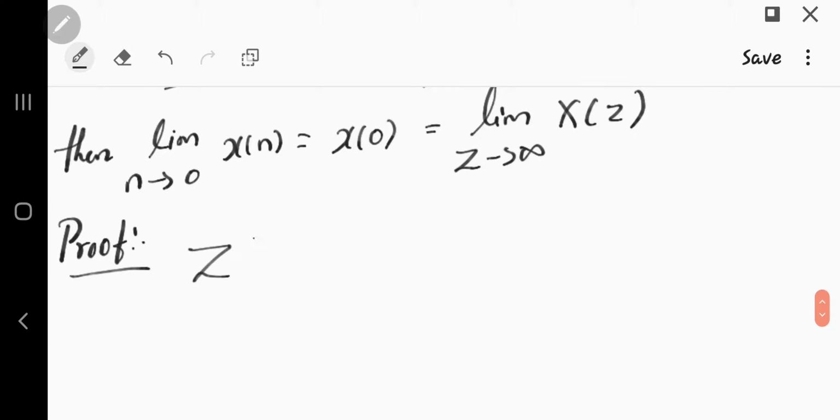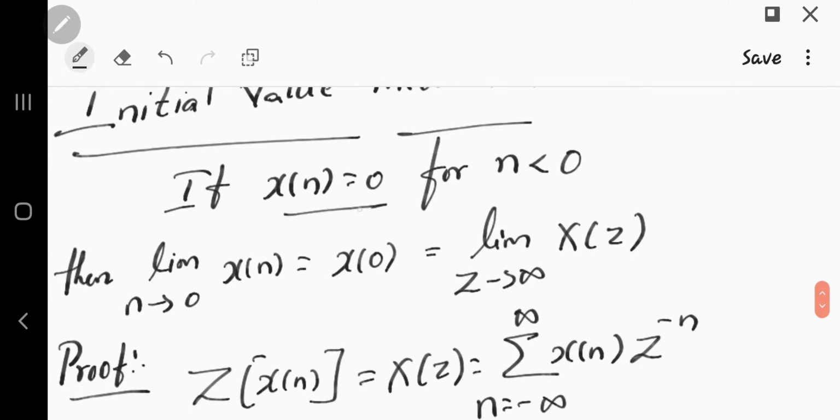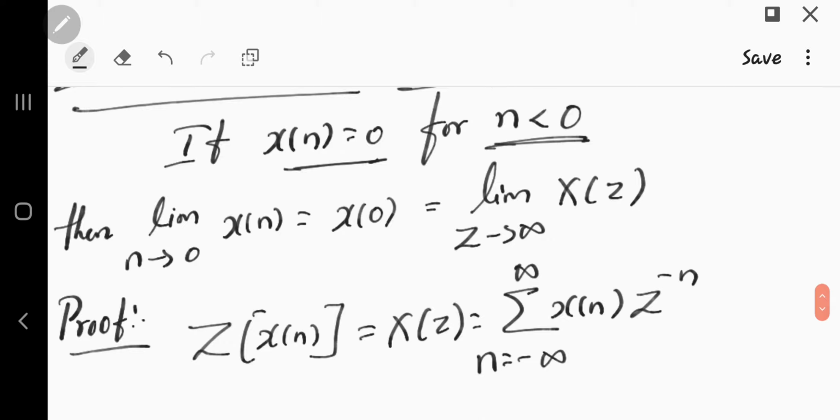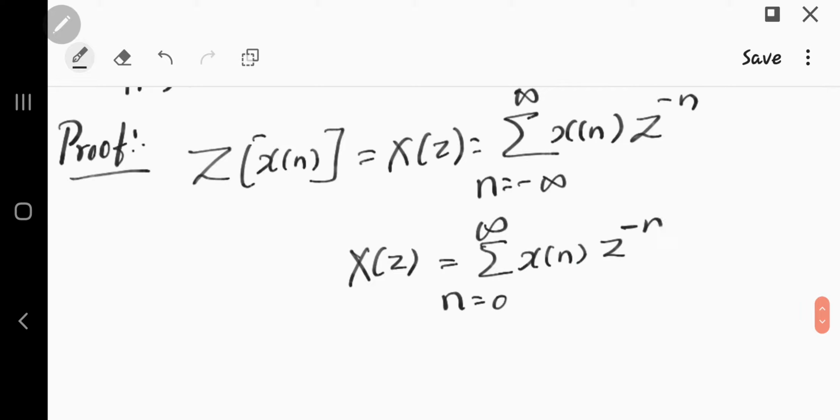So if we take the proof, the z transform of x of n, that is x of z, is equal to summation n equals minus infinity to plus infinity x of n z to the power of minus n. It says if x of n is 0 for n less than 0, that means x of n is not present for values of n less than 0. So x of z is present only for n varying from 0 to infinity, x of n z to the power of minus n.